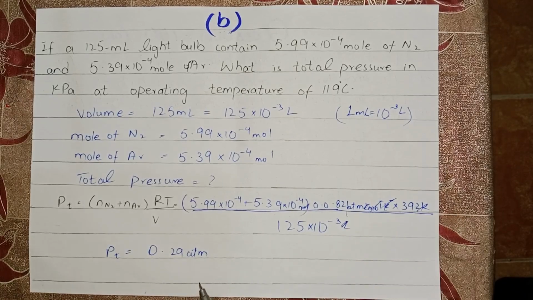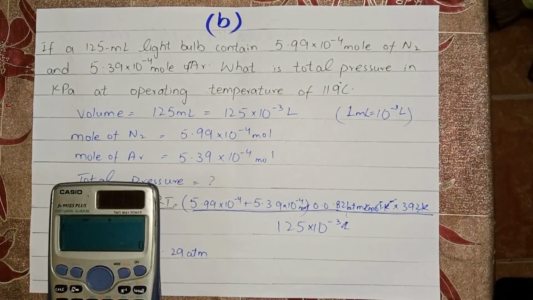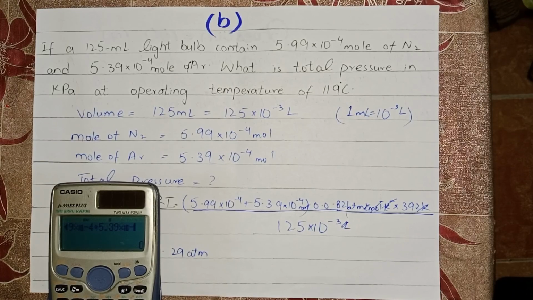Now we do the calculations: 5.99 into 10 to the power minus 4 plus 5.39 into 10 to the power minus 4, which is equal to 1.138 into 10 to the power minus 3.